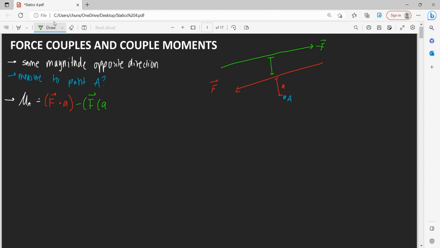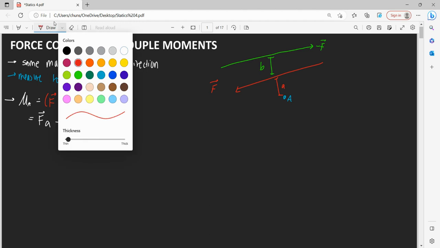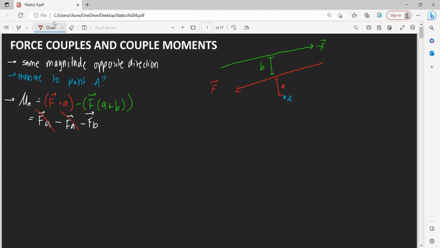And that's times A plus this measurement here, B. Now, if we evaluate this, we can factor out our F. So this is FA minus FA minus FB. And we see that these two terms are going to cancel here. So that's just going to leave us with negative FB.